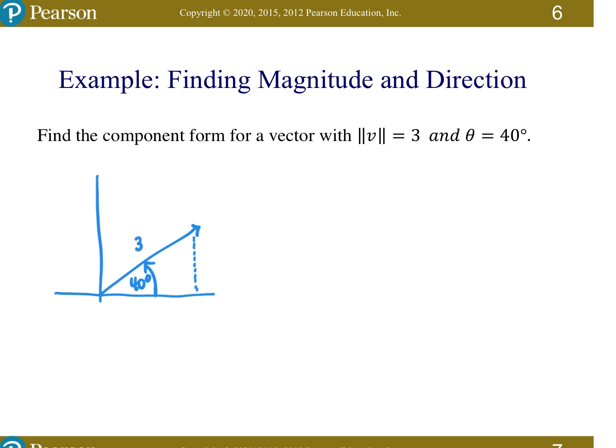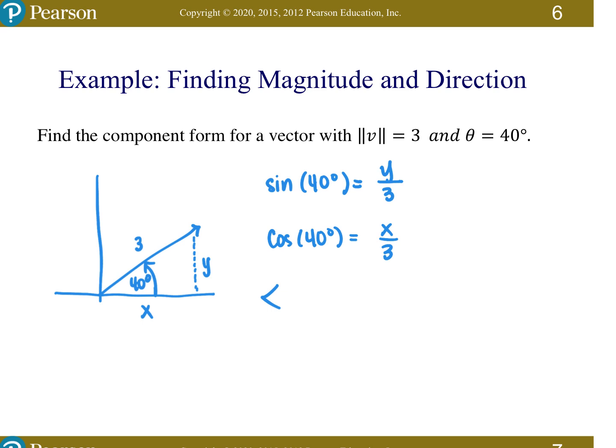And so we want the component form. So we'll use a little right triangle trig to come up with this. We know that the sine of 40 degrees is going to be y over 3, and the cosine of 40 degrees would be x over 3, which is going to give us our component vector.